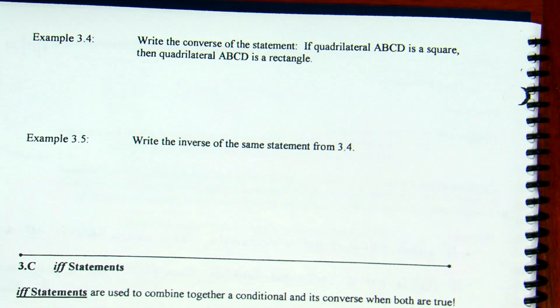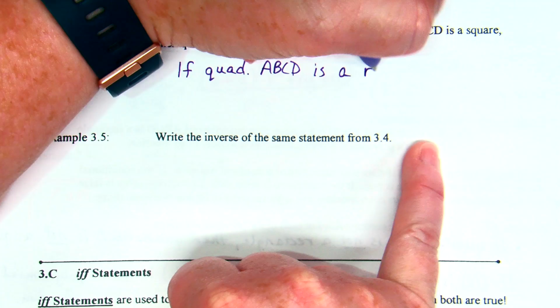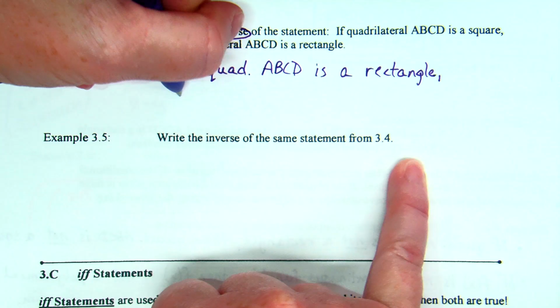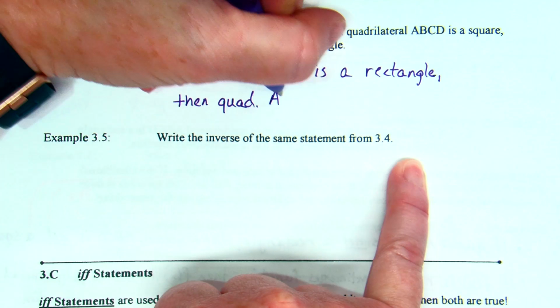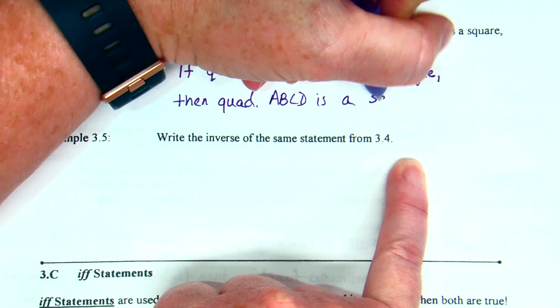So what's the converse say? He just flipped the pieces. Quadrilateral ABCD is a rectangle. Then quadrilateral ABCD is a square.